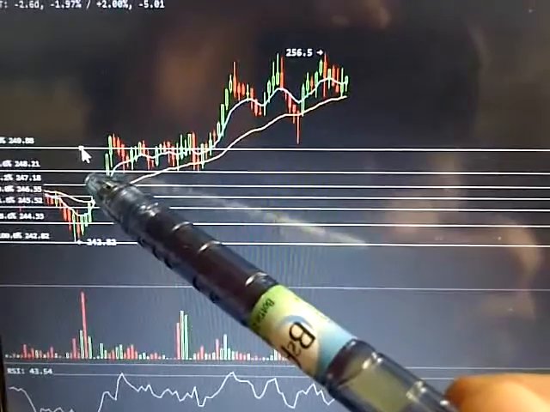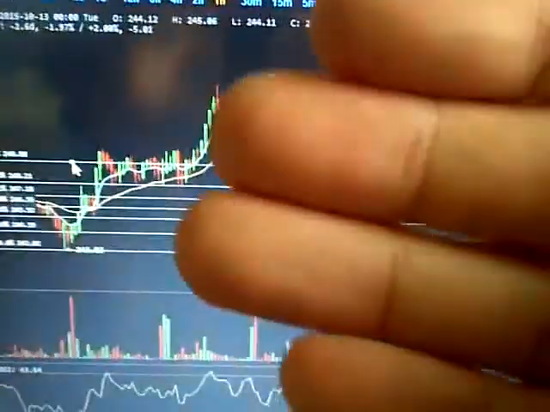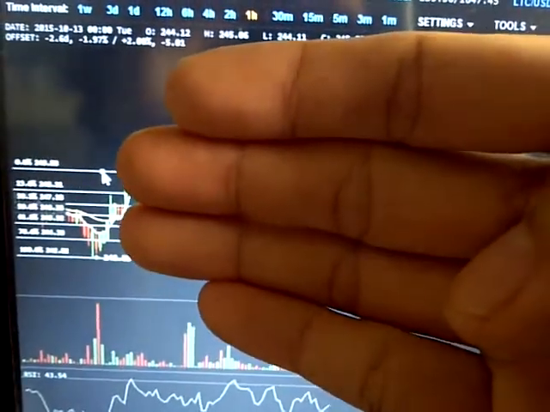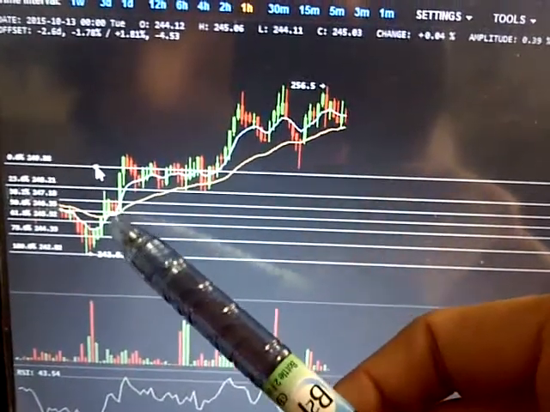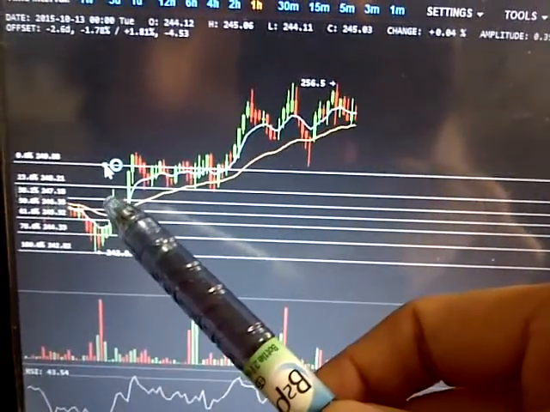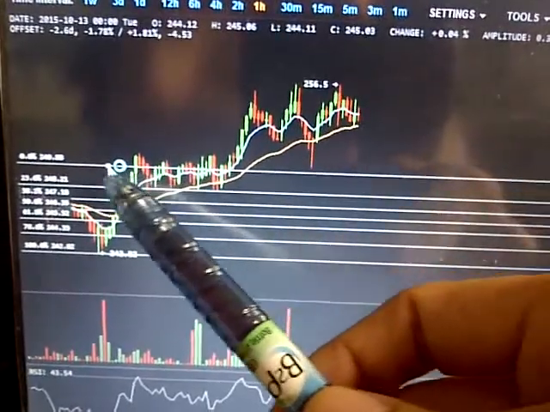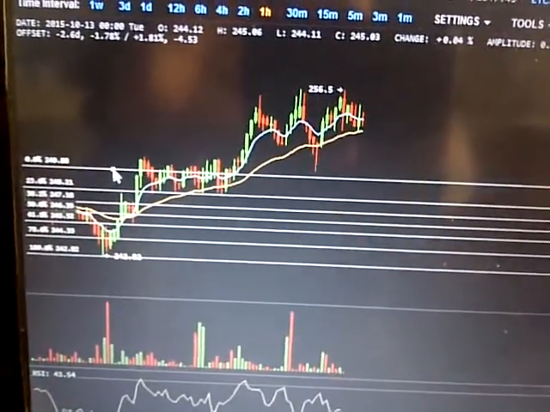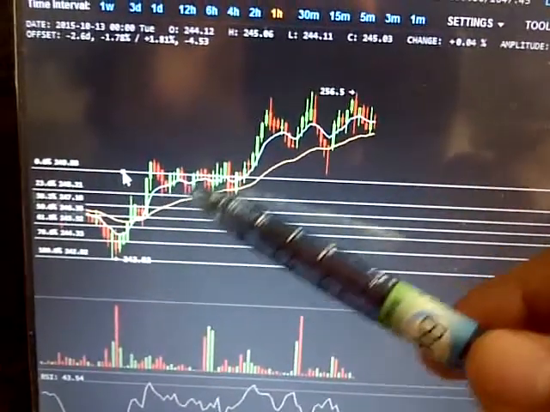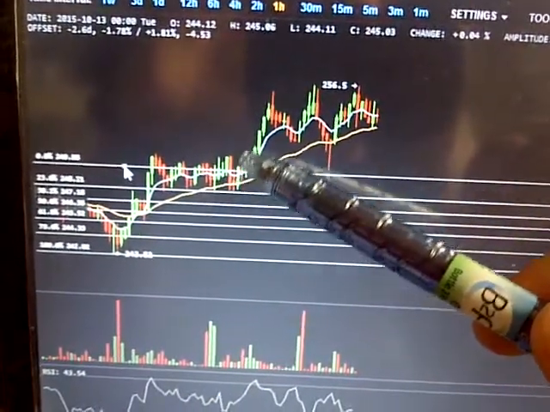I put the top on here at the time when it was just, you know, if you can imagine, right about like here. I put this here, and I would expect this to be the top, which it almost did, and then eventually it wiggled around and then shot up.